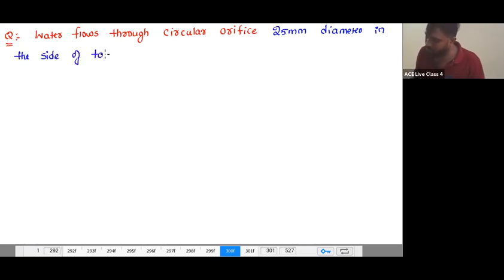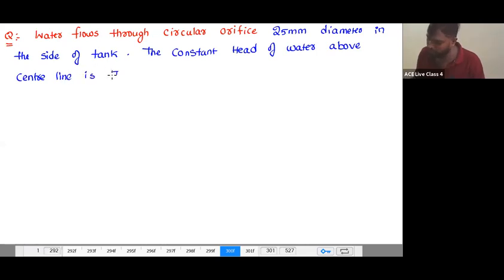So on the side of a tank, there is a circular orifice of 25 mm dia, and the constant head of water above the center line is given as 750 mm. 750 mm, which means H value.